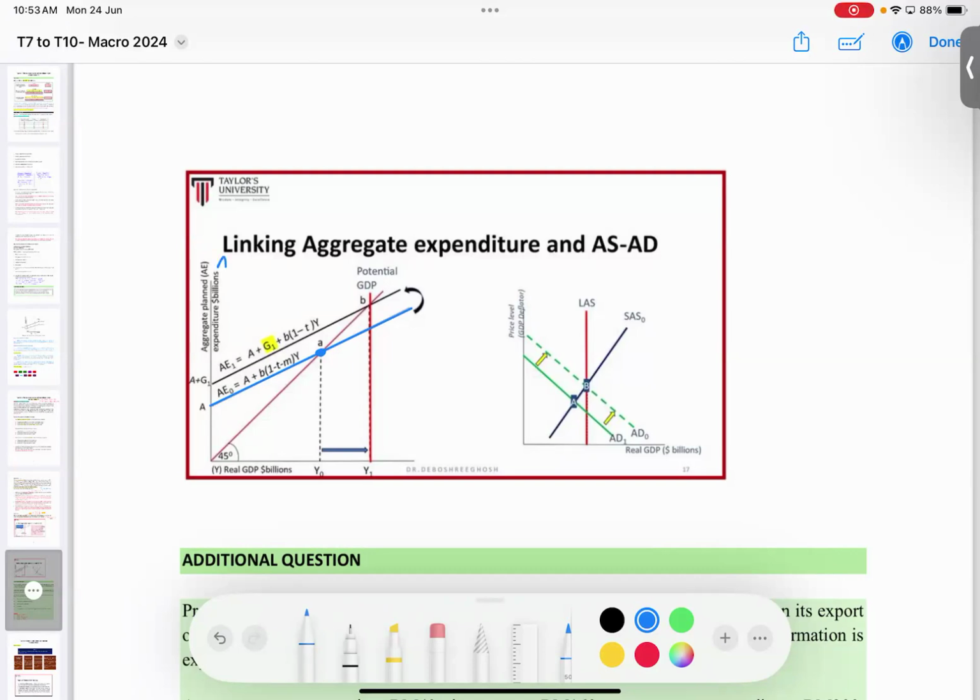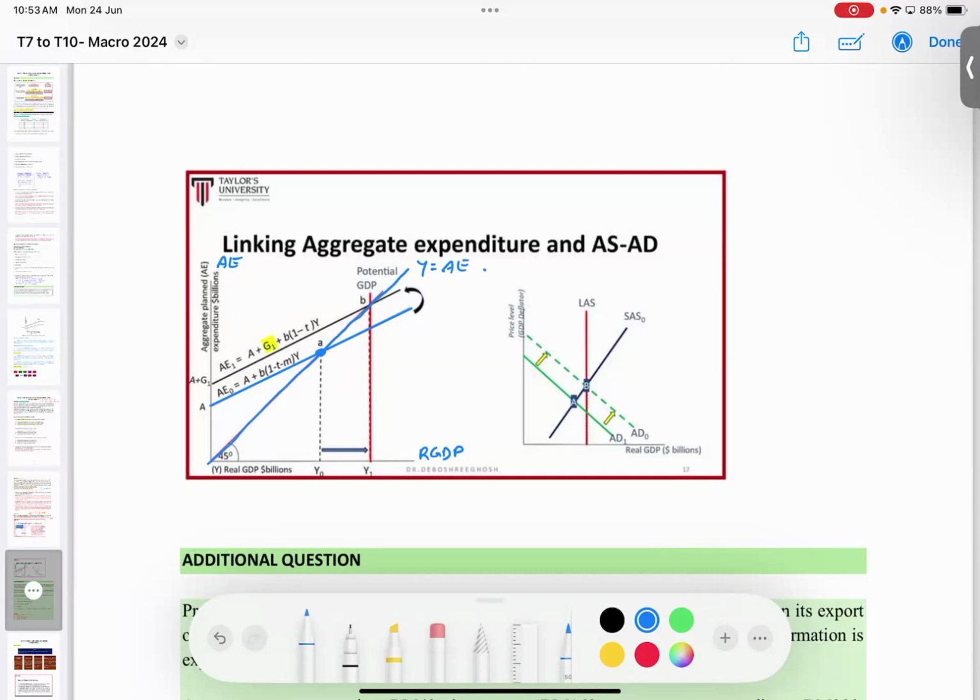On the y-axis is aggregate expenditure, on the x-axis is real GDP, and we assume there's a 45 degree line in which we say Y equals AE.